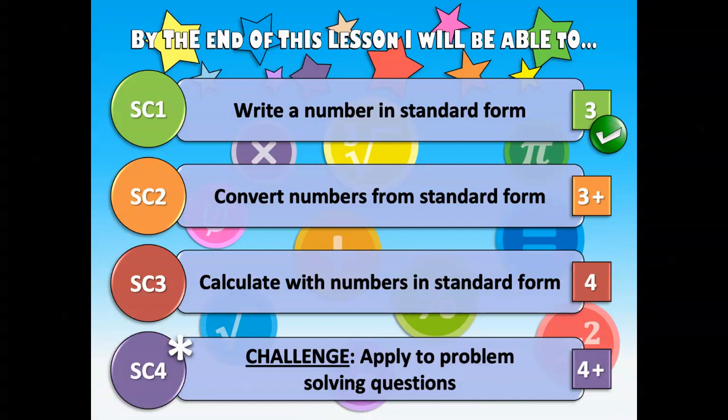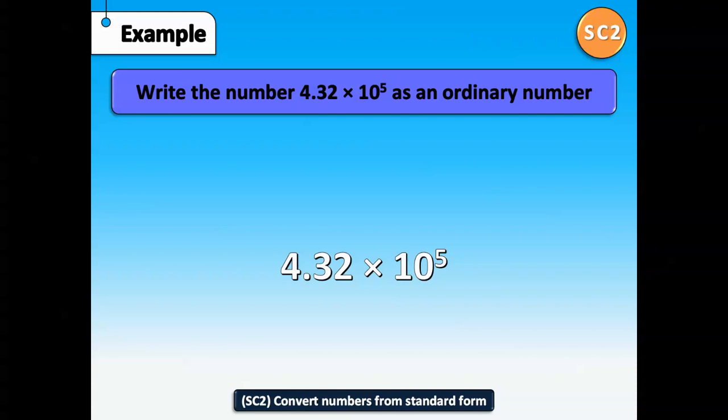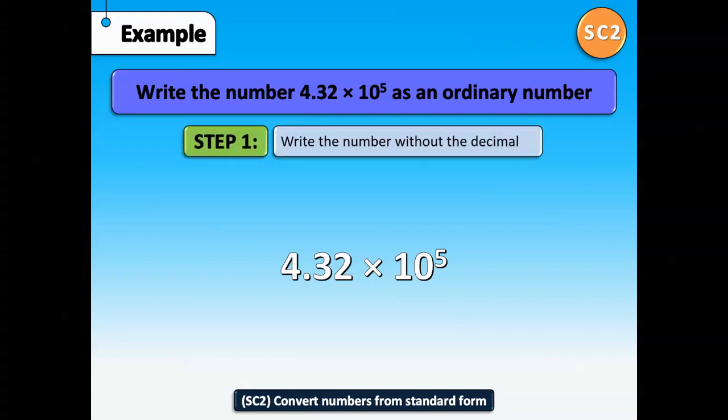And now we've completed success criteria 1. So now we're going to move on to number 2, and this is to convert numbers from standard form. So we want to write the number 4.32 times 10 to the 5 as an ordinary number. So we write the number without the decimal.